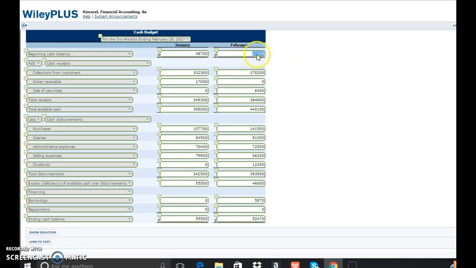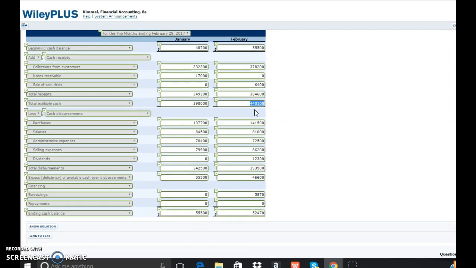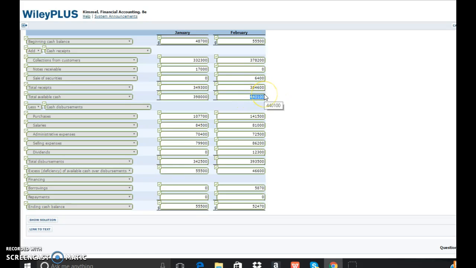And then we're going to do these calculations on down to get our total available cash, which is going to be 55,500 of the beginning cash balance, plus total receipts, which is 384,600, and that's going to give you 440,100. And so that's your total available cash.